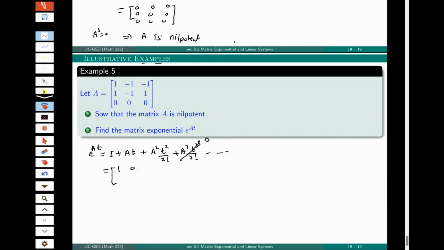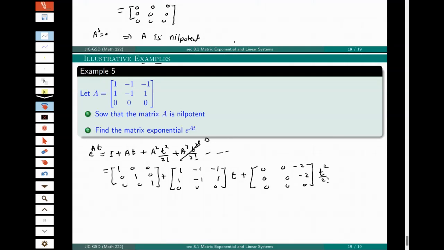So we will have the identity 1 0 0, 0 1 0, 0 0 1, plus A times t, which is 1 minus 1 minus 1, 1 minus 1 1, 0 0 0 times t, plus A squared, which we get from here as 0 0 minus 2, 0 0 minus 2, and the whole last row is 0, times t squared over 2 factorial.